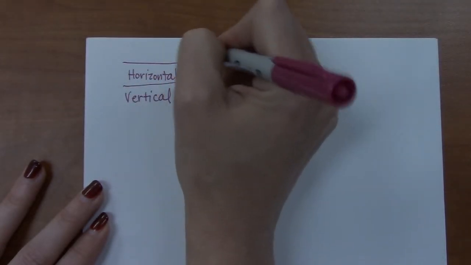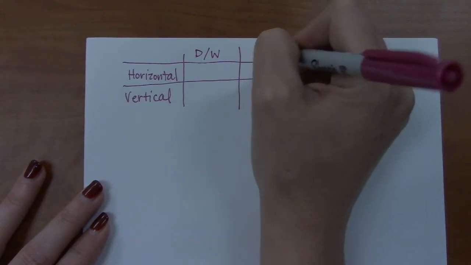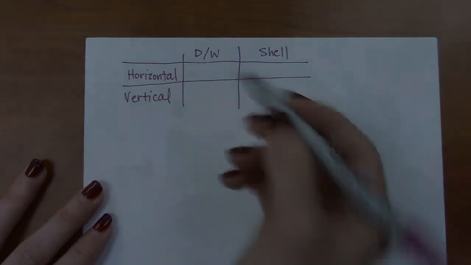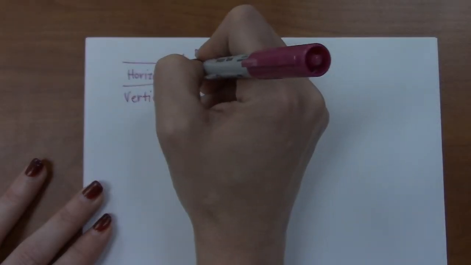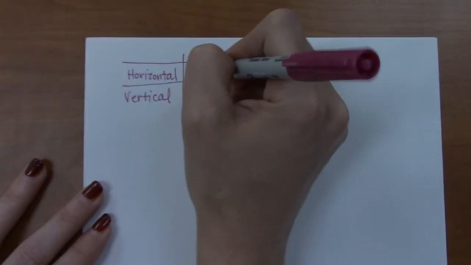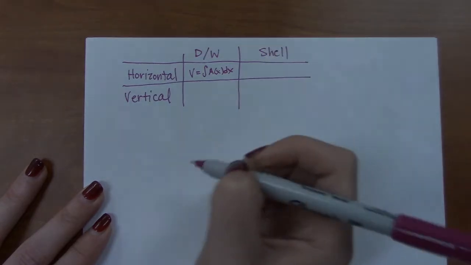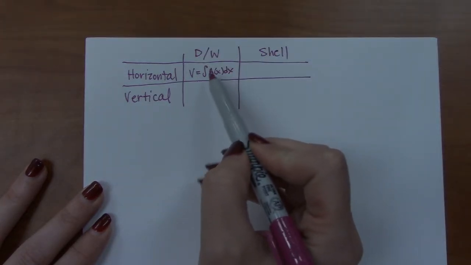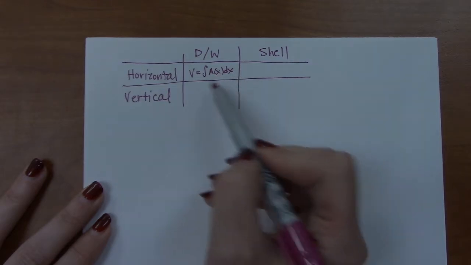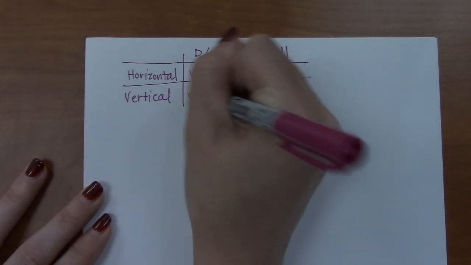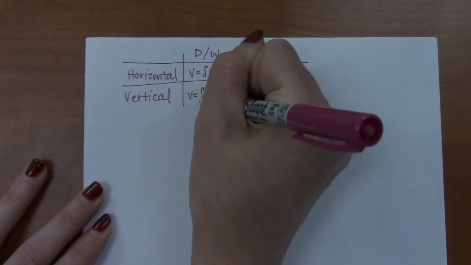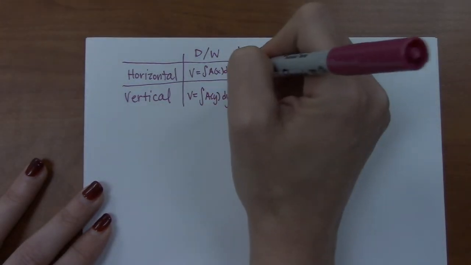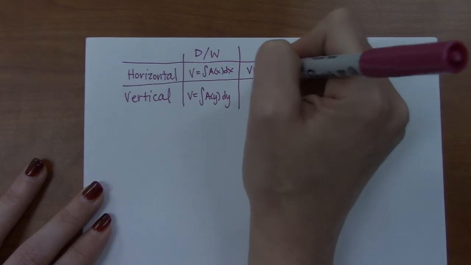We can use disc and washer, and we can use shell, because the whole game is trying to get volume. For disc and washer, we said that the variable matches the axis of rotation. So here all we're doing is integrating the area of the cross section, in that case pi r squared. Here this would have to be in variable y. Shell lets you flip. So now these are in variable y.